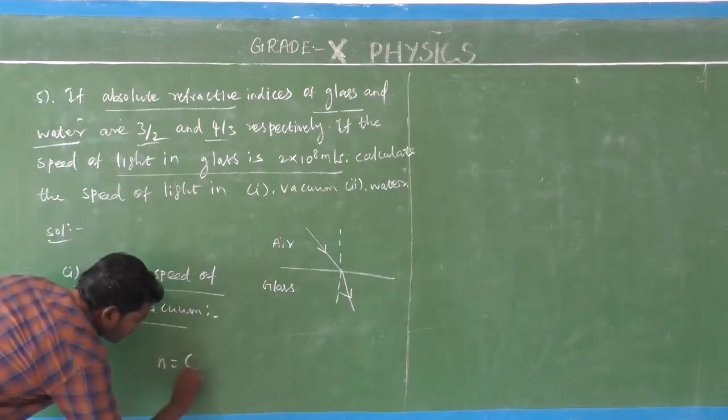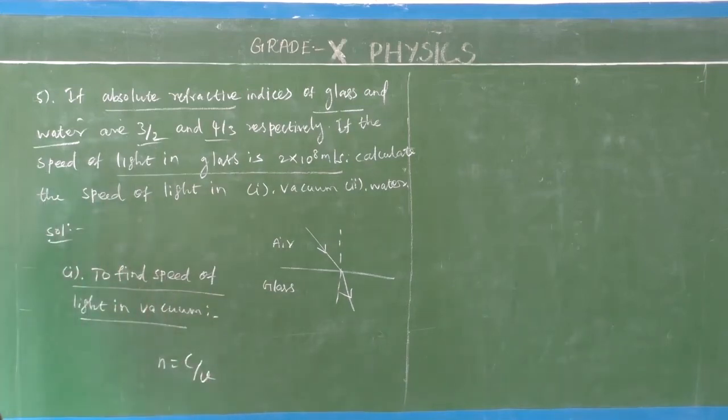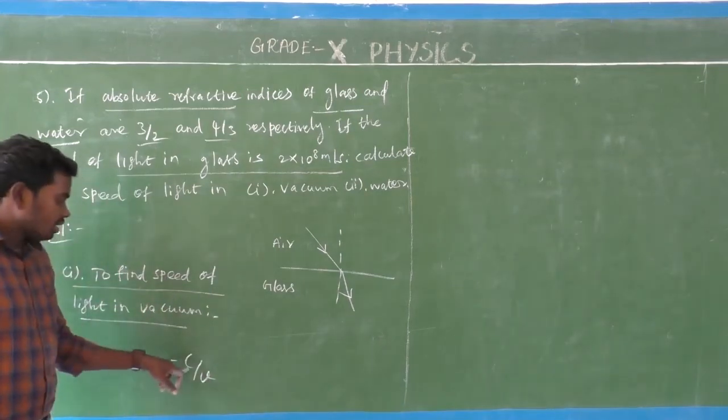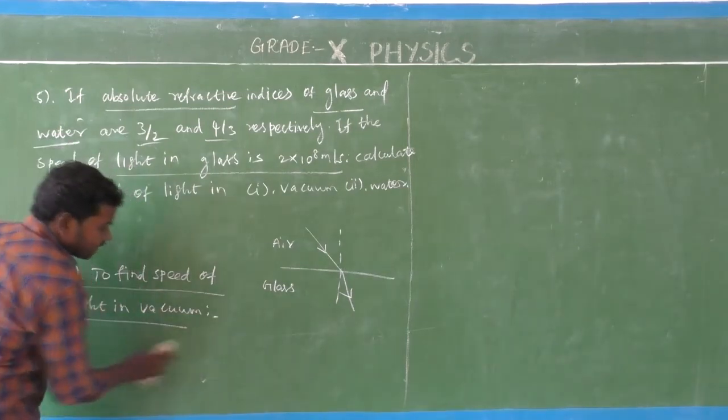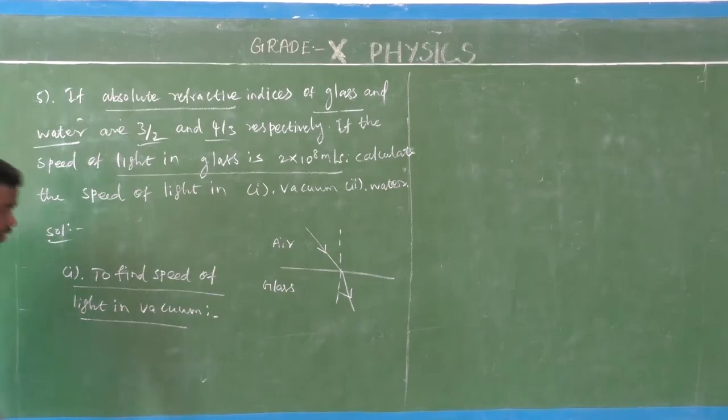So n is equal to c by v. Am I right? What is c and what is v? c means nothing but the speed of light in vacuum. v is the speed of light in that medium. What medium? The glass medium.